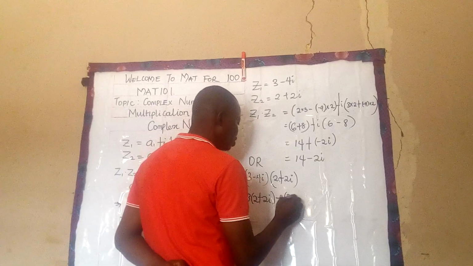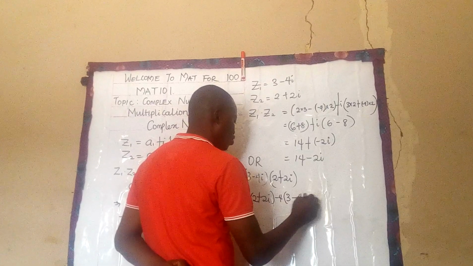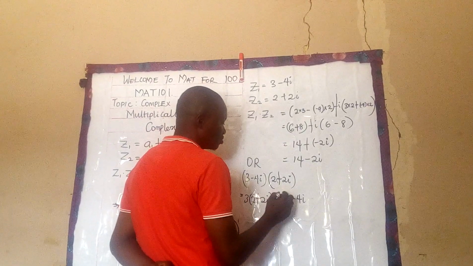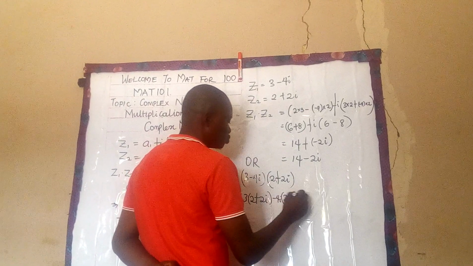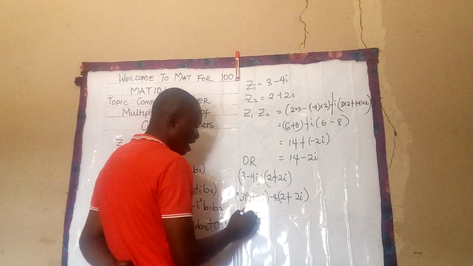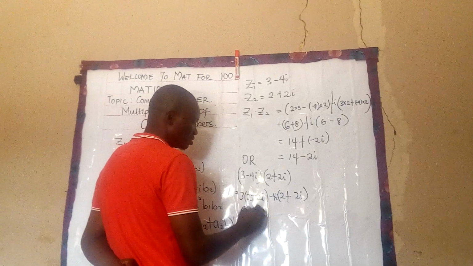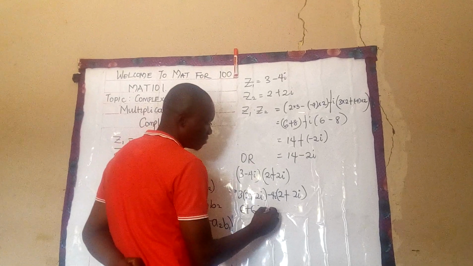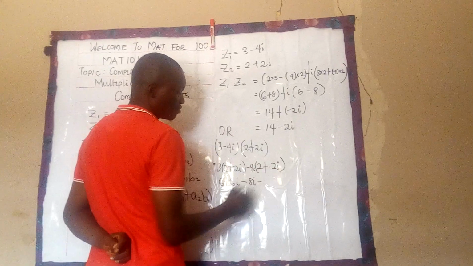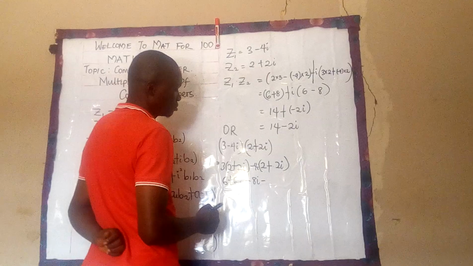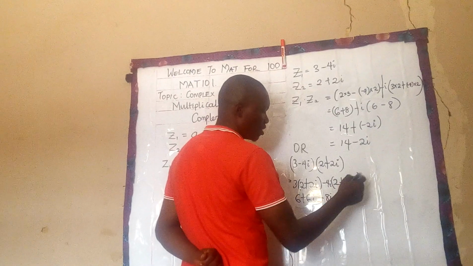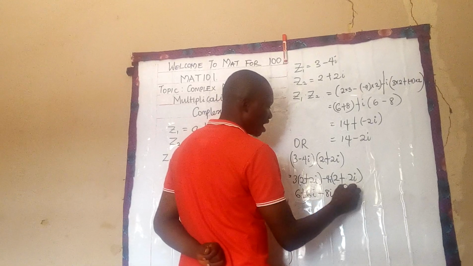So we have 3 minus 4i, minus 4i multiplied by 2 plus 2i. So when we use these to open the bracket, I have 6 plus 6i, and I have minus 8i, minus 8i squared.